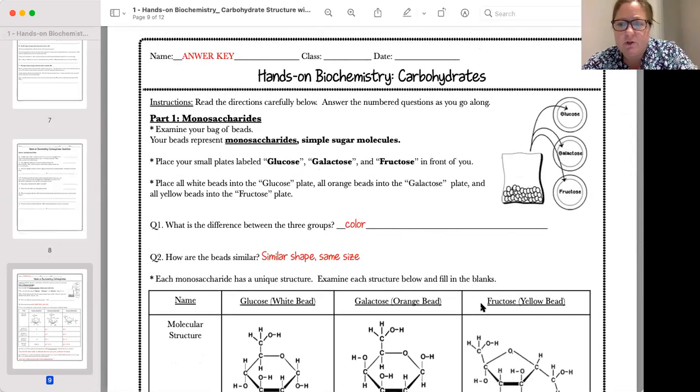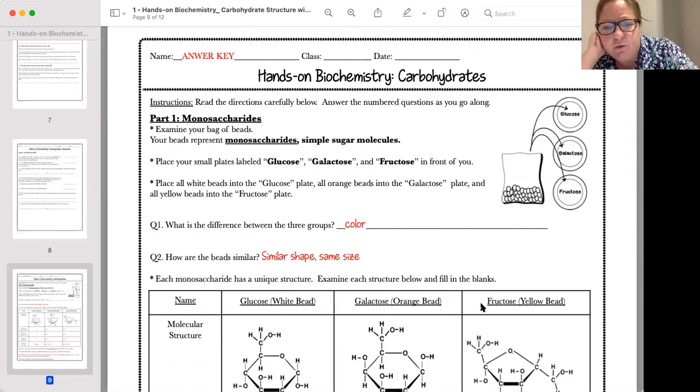So the first thing that we need to realize is that carbohydrates are made up of monomers called monosaccharides, and those are the simple sugar molecules. And we have three of those in our activity. We have glucose, galactose, and fructose.